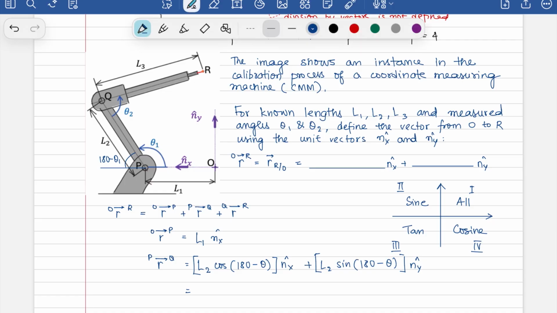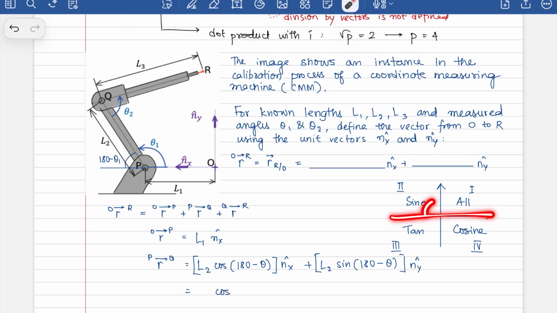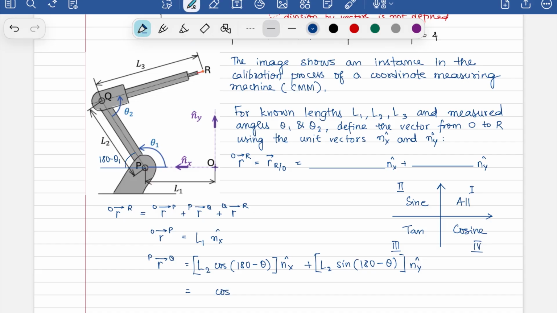So sine becomes cosine, cosine becomes sine. So in this case, everything is with respect to 180. So that means your cos remains cos, but you know that you're going from 180 minus theta. So only sine would have remained as positive. So in this case, it's minus L2 cos theta 1 nx hat.